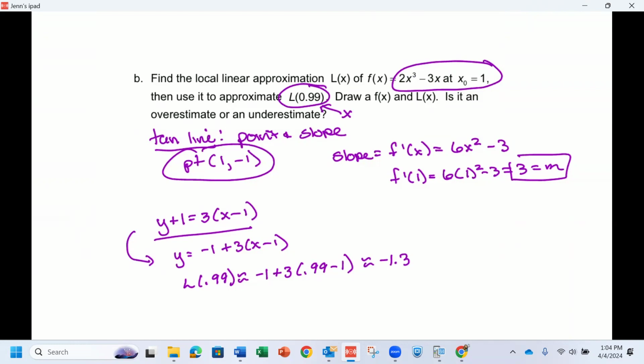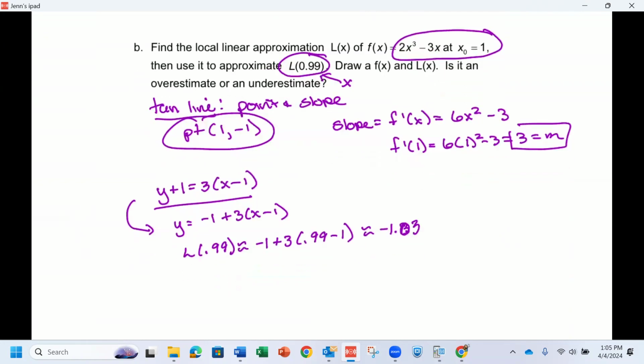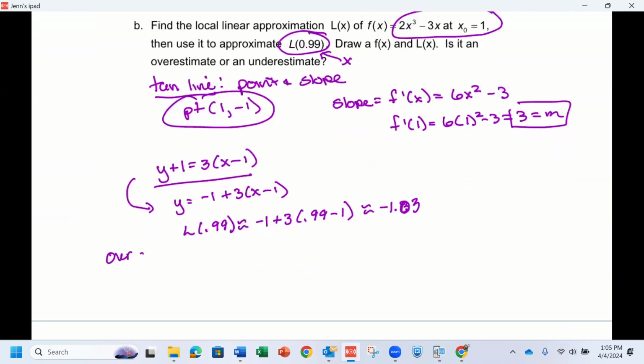I just realized I typed something in wrong. Negative 1.03, yeah, I missed it. So like I said, this is a nice review, stuff we did back in Unit 3. Now the new piece, the question is, is this going to be an over or underestimate?